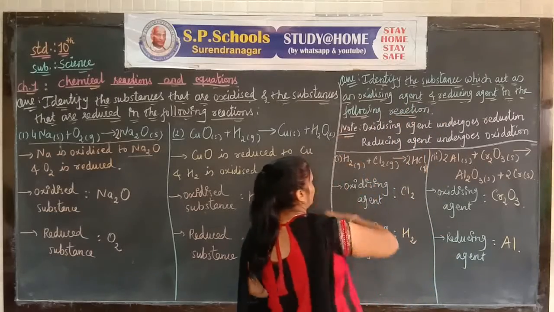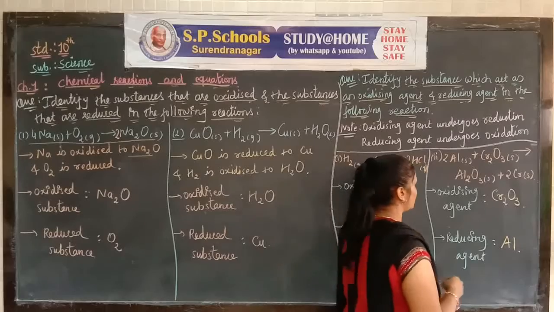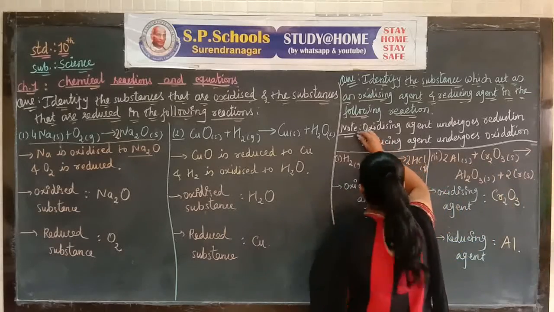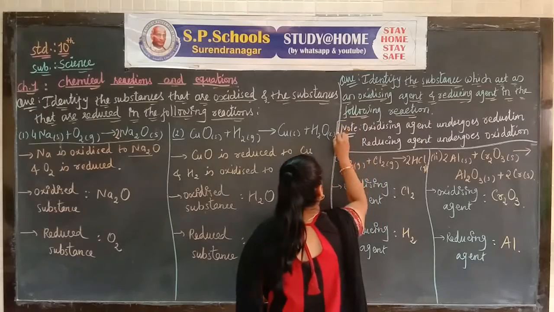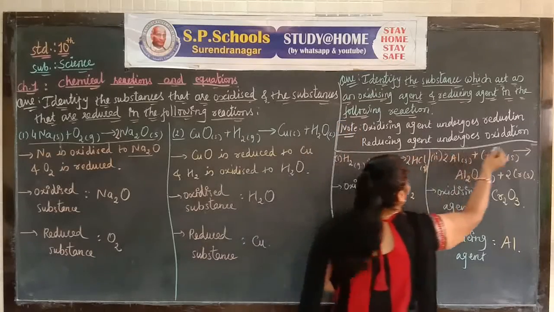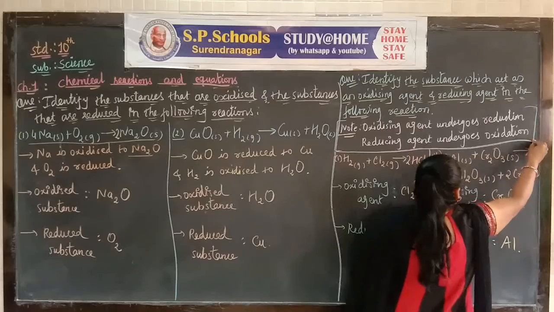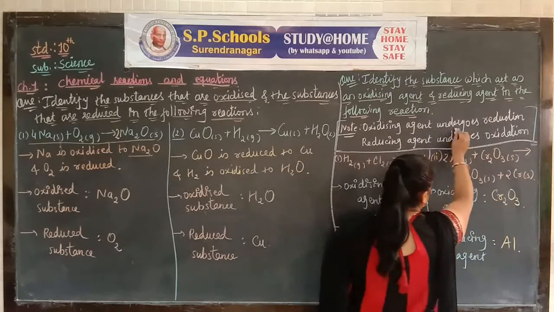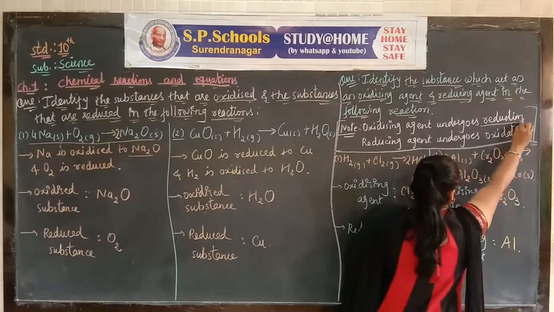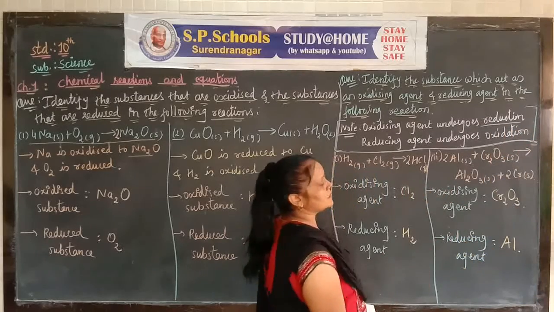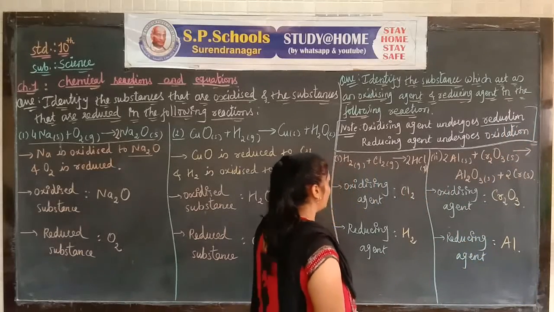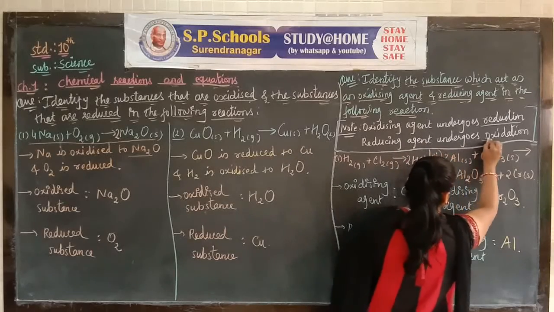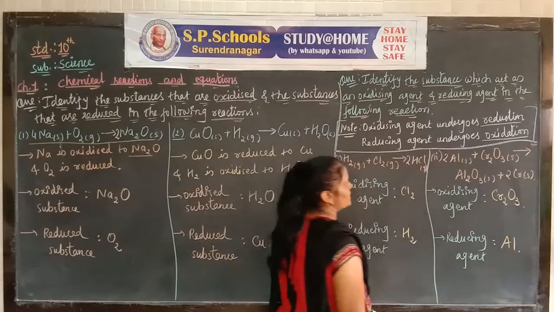To find the oxidizing agent and reducing agent, we remember two things. The oxidizing agent always undergoes a reduction reaction, while the reducing agent undergoes an oxidation reaction.